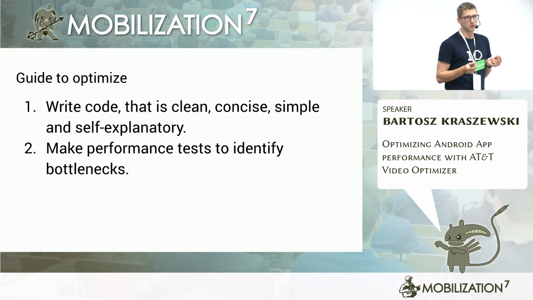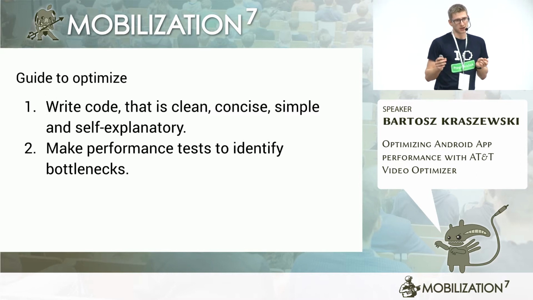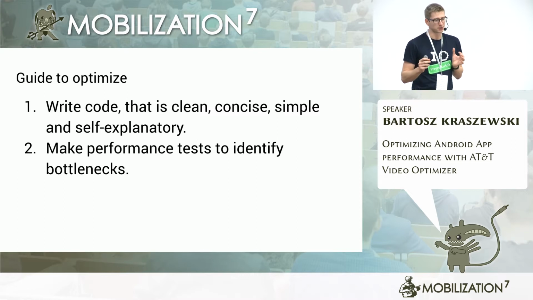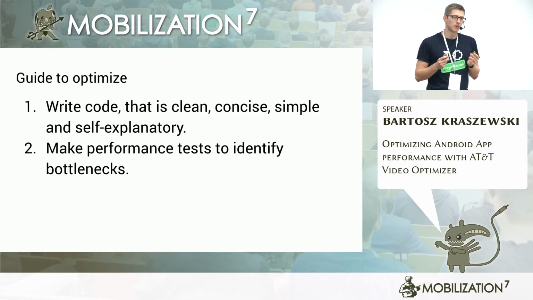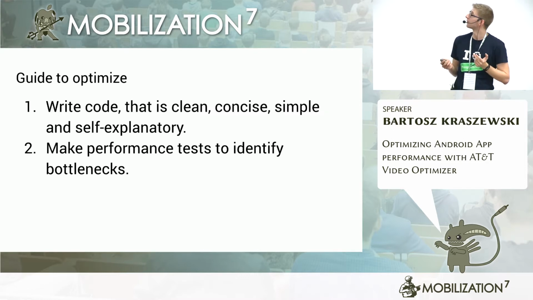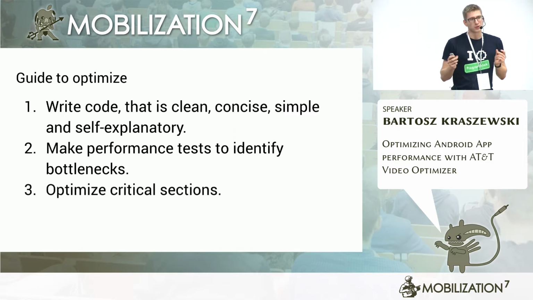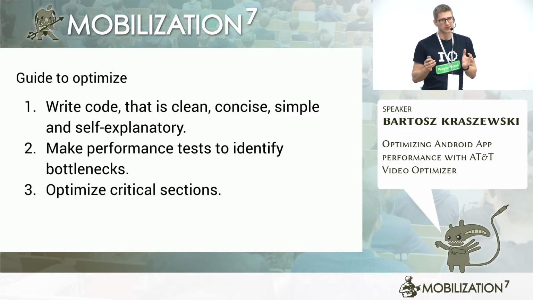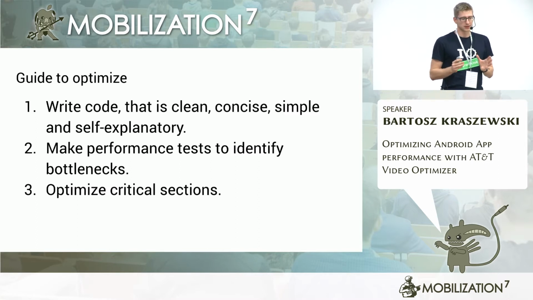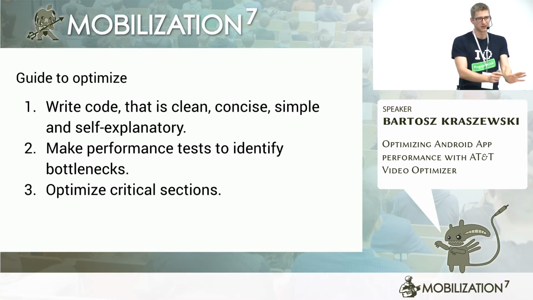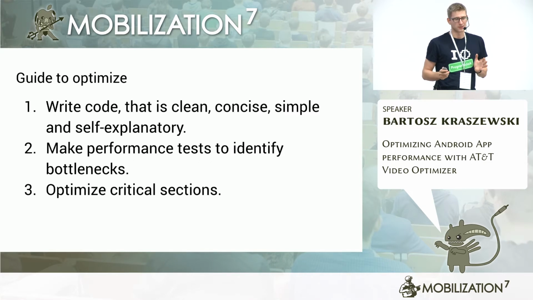So we are looking for bottlenecks using tools. Machines are much better at counting and measuring, so you already know what the performance of your code is. And then, when you know what sections are very bad in your code, you can just take up your sleeves and start working on optimizing.